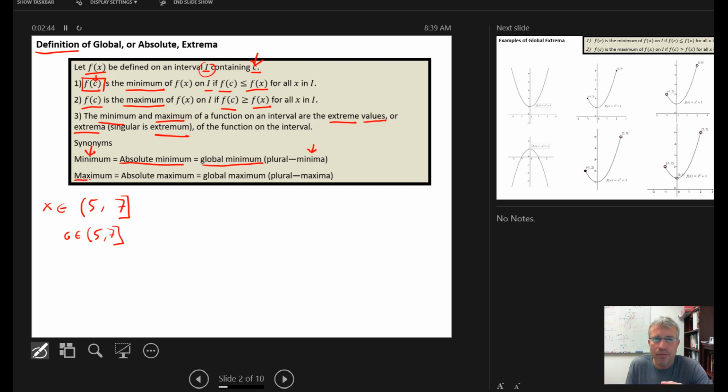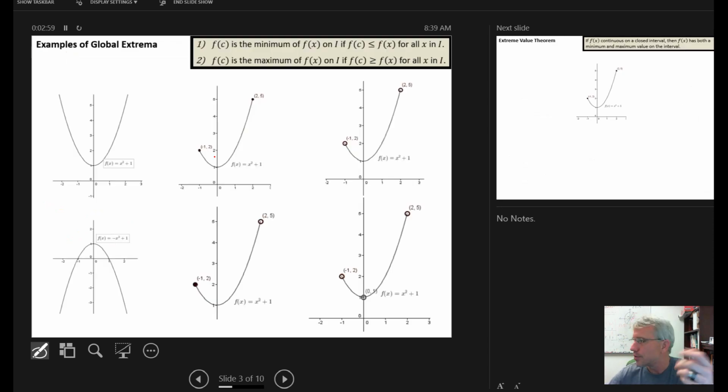And you can be asked to find the maximum of the function, or the absolute maximum, or the global maximum. So these are synonyms for you being asked to find, on a given interval, is there a largest or smallest function output? So graphically, we can talk through some examples.